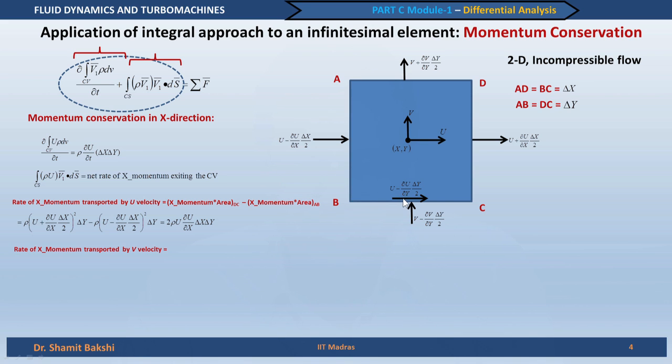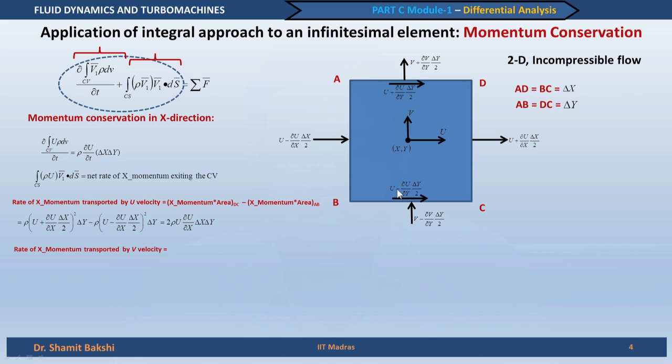Now, we can write this, and we can write a similar expression on the surface AD. Now, even if you forget this part, let us say these two are the same, the x momentum coming in through AB is the same as the momentum going out through CD, that means these two velocities are the same. Even under that condition, the v component of velocity can transport momentum, even a constant momentum.